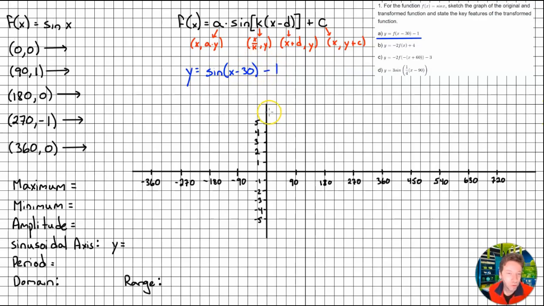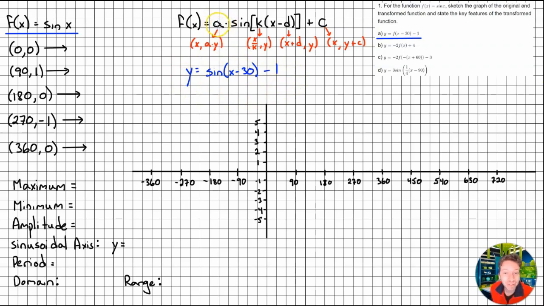So in this case, we have horizontal and vertical shifts. Now, with our parent function, sine of x, we have these 5 points that are very nice and easy to work with. So we are going to find out what the new points will be for this function. And this is how we're going to do it.